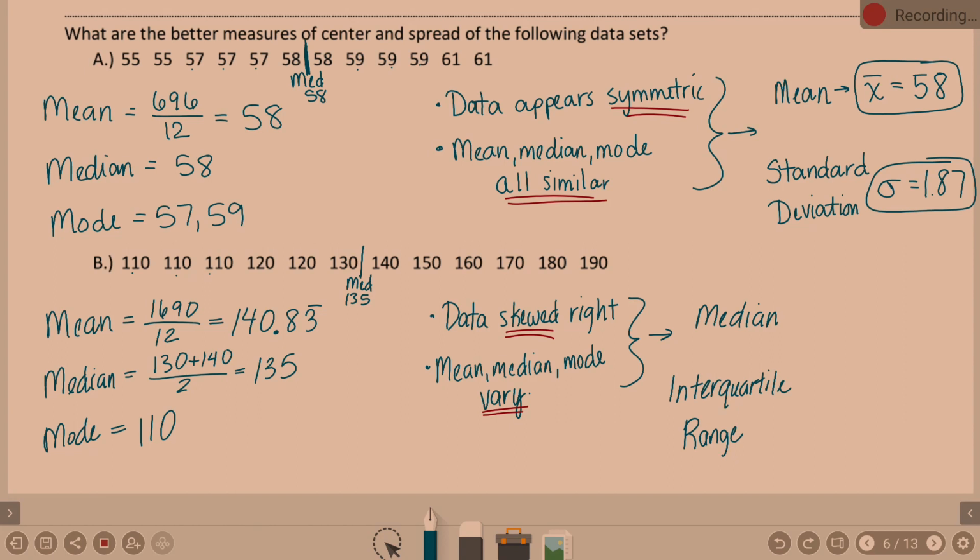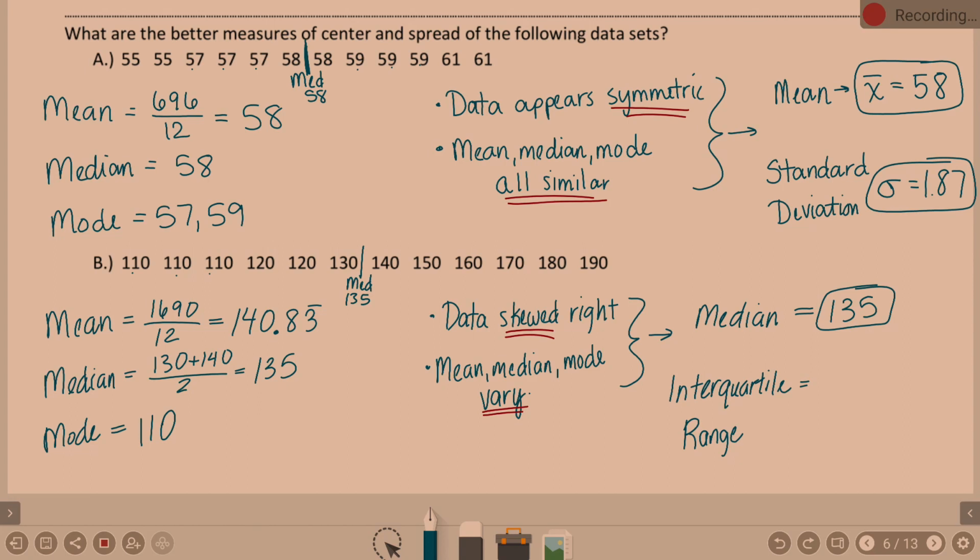When you get to this point, you always have the measure of center already, don't we? We already have the mean or median. We already found that. What was my median? 135. Okay, what about interquartile range? We've got to find our quartiles, right? The median, 135, is not in the list.